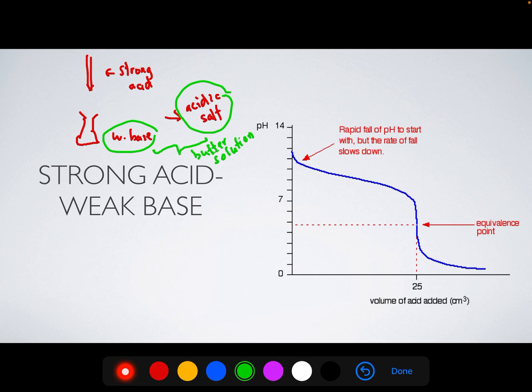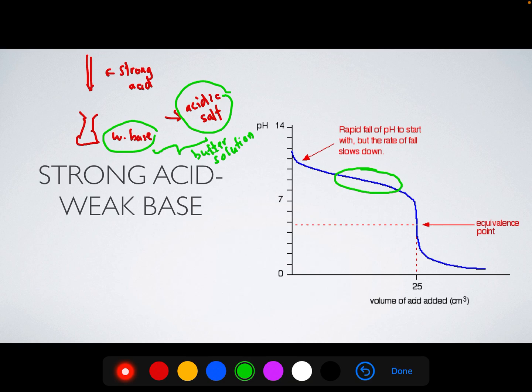Kerana buffer solution ni is a solution that can resist pH change from happening. Therefore, the pH change at this point will be very slow. So, dia akan berlaku secara sikit demi sikit. Perubahan tu berlaku tetapi berlaku secara sikit demi sikit.